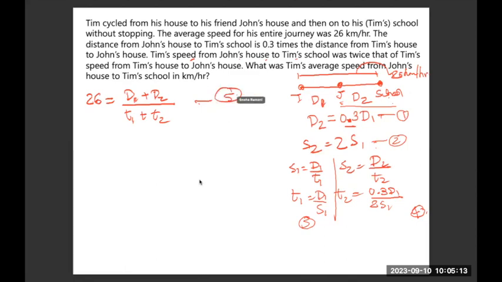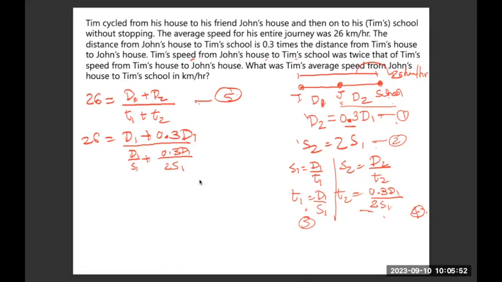Now all I will do is replace these two values in this equation. So 26 is equal to D1 plus 0.3 D1, D2's value comes from equation 1 here, upon T1 value, which will come from this part, D1 upon S1, plus T2's value, which will come from equation 4, which is 0.3 D1 upon 2 S1.